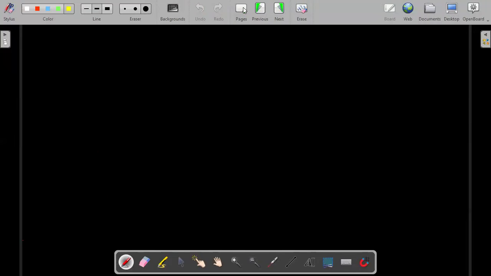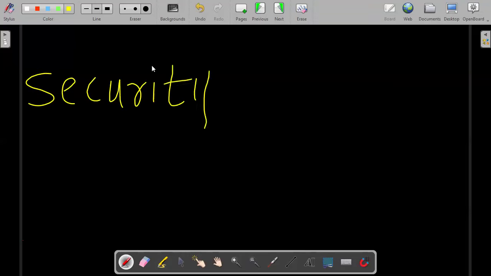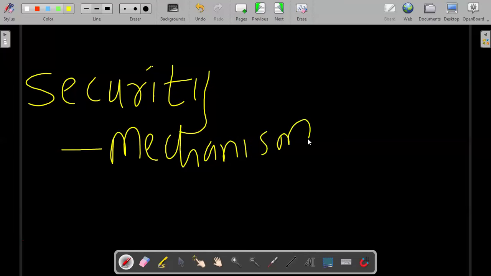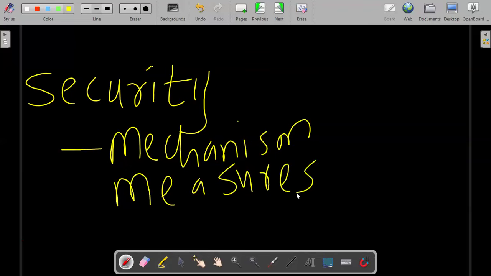So this is the security part of the system. Normally, security: these are different mechanisms, measures that you use to protect, that are put in place to protect, number one, data, number two, system.